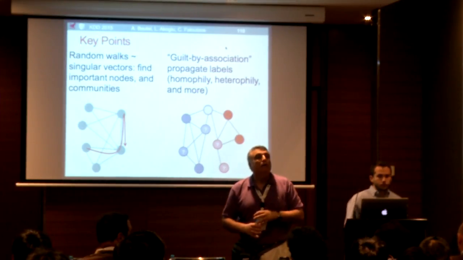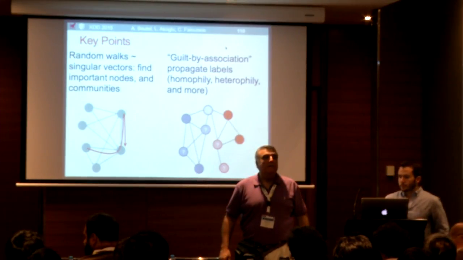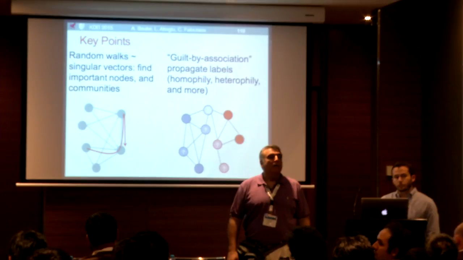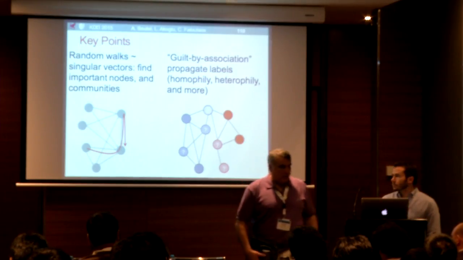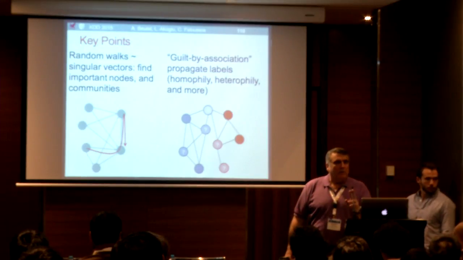Yes? Going back to your ranking examples and using random walk there, what I wonder is why is that better than simply saying that you're going to use a decayed multi-step neighborhood analysis? Decayed multi-step neighborhood? Yeah.